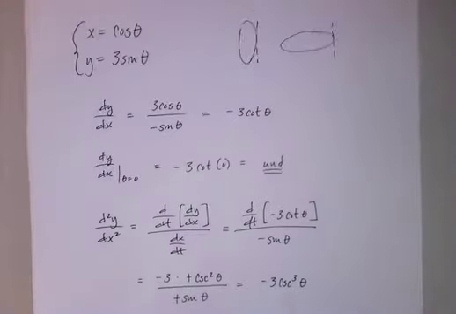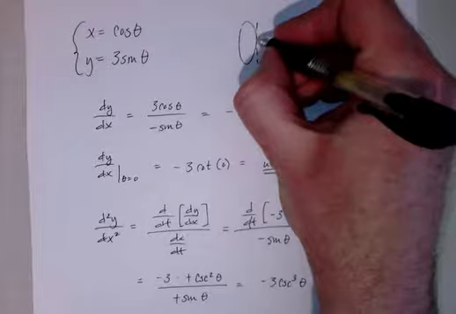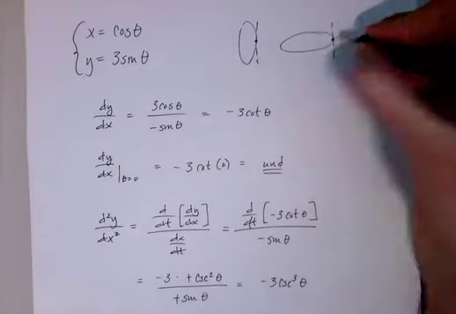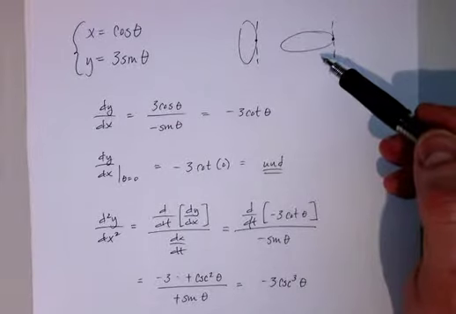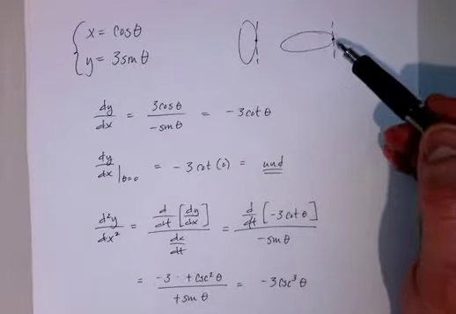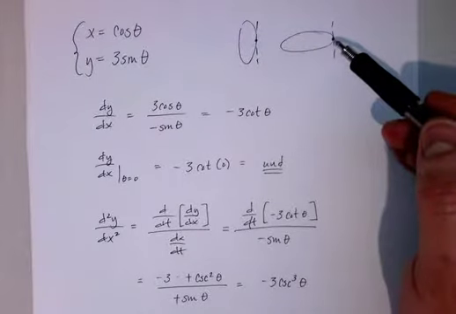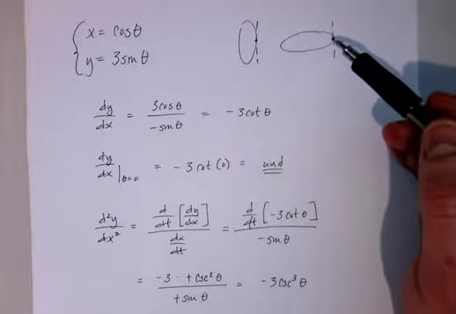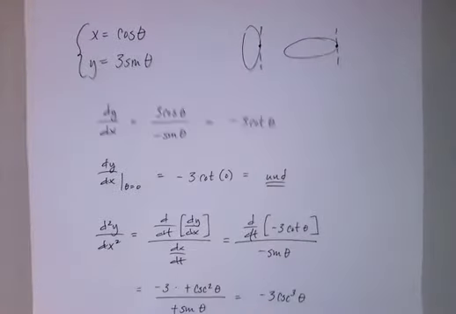Well, that makes sense because we're dealing with a point on the right-hand side of an ellipse. Does it really make sense to describe the concavity of that point right there along the positive x-axis, or what we would call the polar axis, theta equal to 0? No, it really doesn't make much sense at all, so our second derivative is going to be undefined as well, okay?